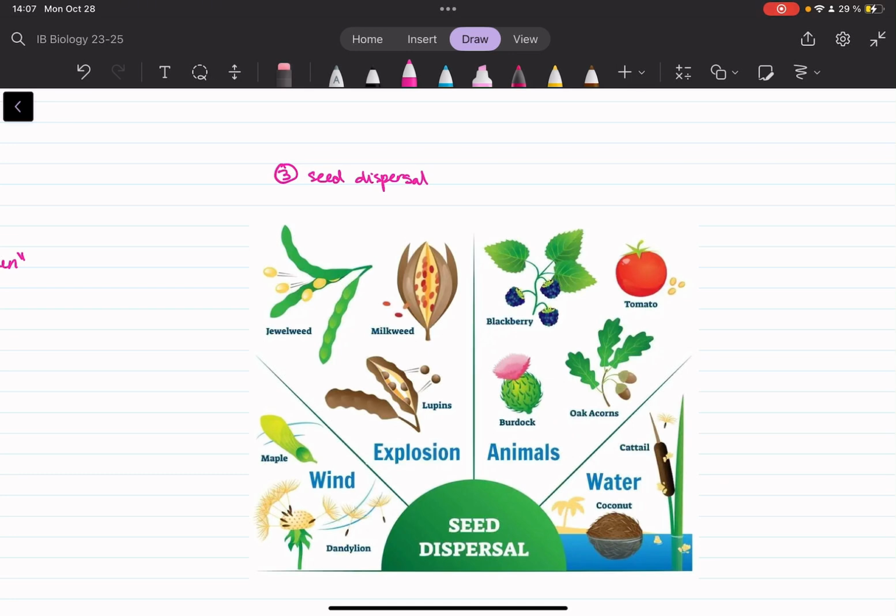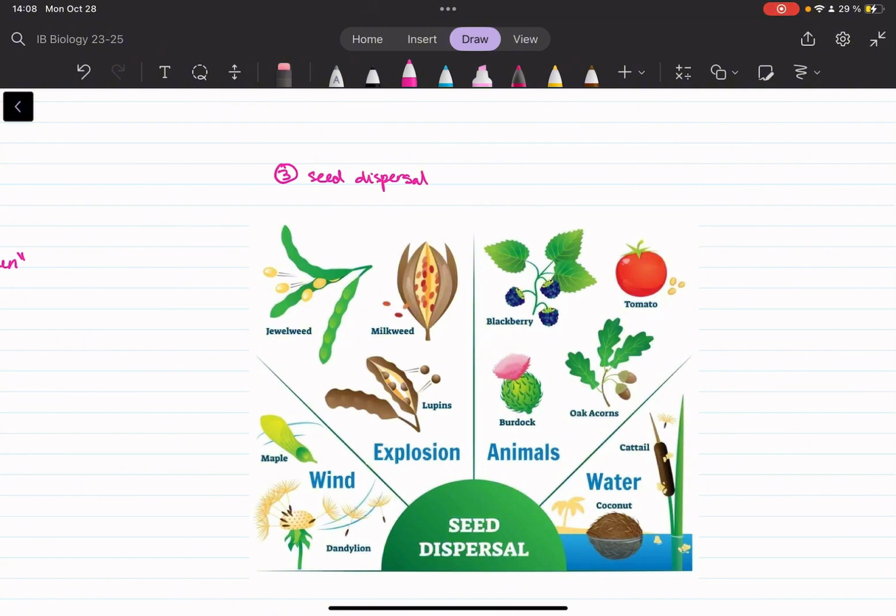Now, the reason that plants need to do this is because the dispersion allows the plants to migrate. So it'll have a higher chance of survival. Because obviously if it finds soil that it can grow better in, or just better terrain, then obviously it's going to increase its survival. Or let's say that suddenly there's a disease that spread on one patch of field.